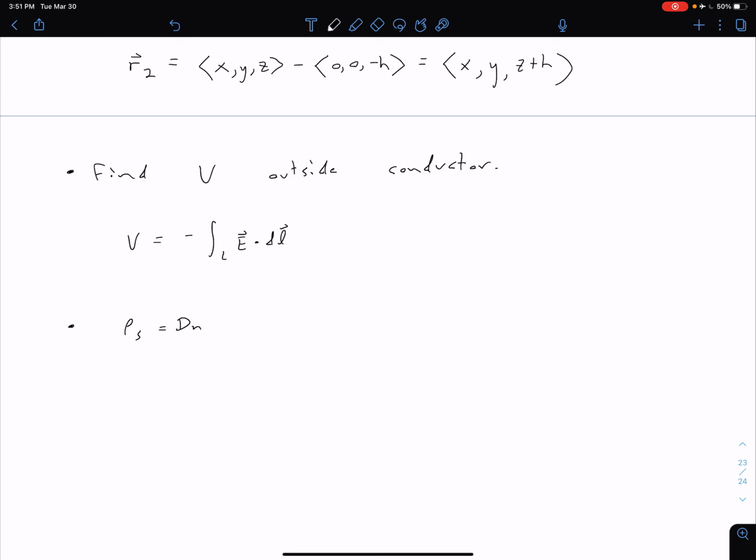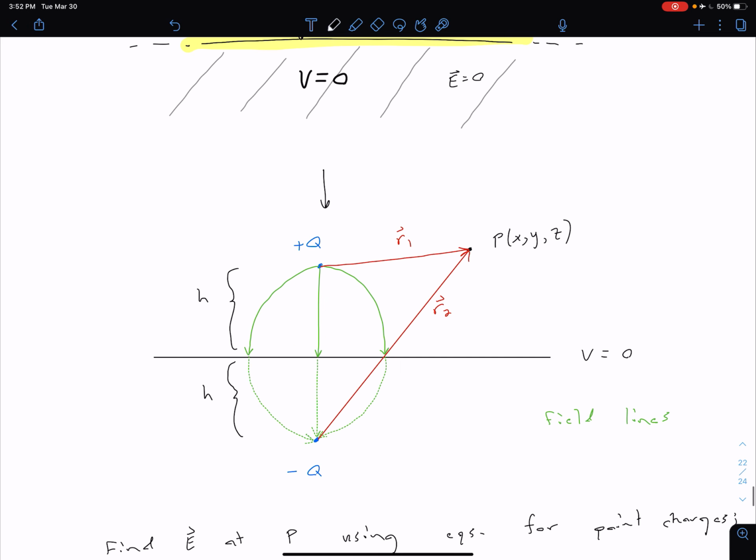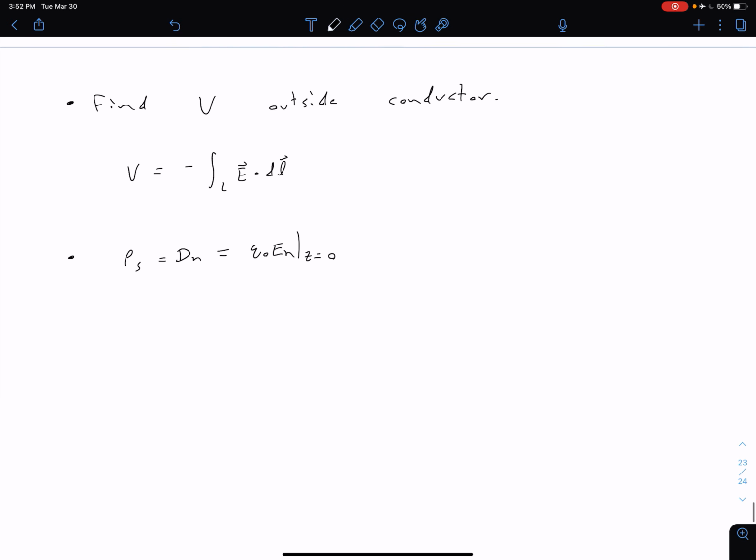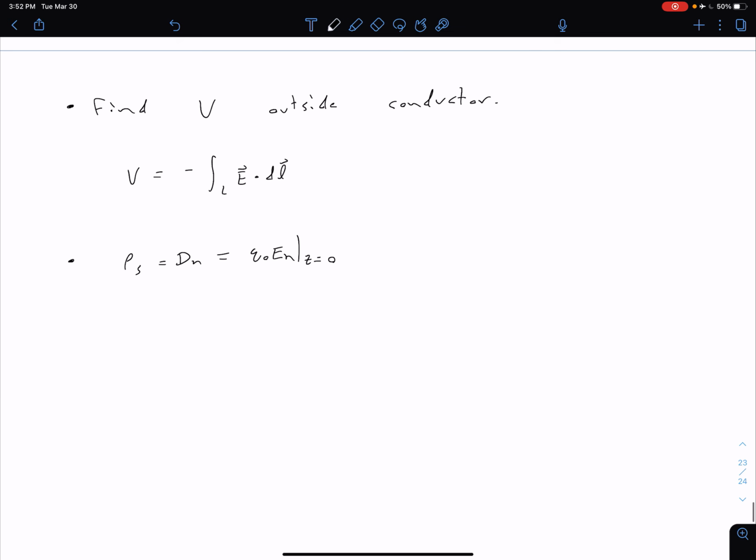Again, that's something we considered when we looked at our dielectric conductor interface. We know our D_N is going to be epsilon naught E_N, evaluated at z equals 0. So essentially we're looking at this case where we're right at the interface, because that's where we know our electric field is going to be normal. So we could find that rho s.